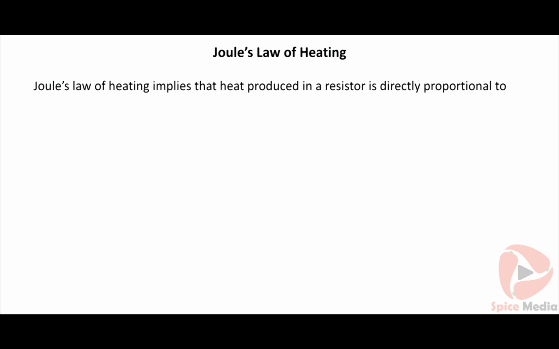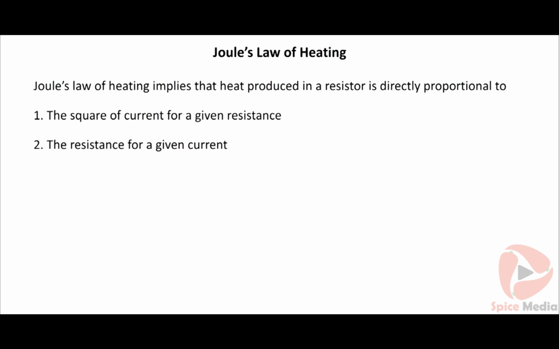The law implies that heat produced in a resistor is directly proportional to the square of current for a given resistance, directly proportional to the resistance for a given current, and directly proportional to the time for which the current flows through the resistor. We have learnt the basic idea of heating effect of electric current.